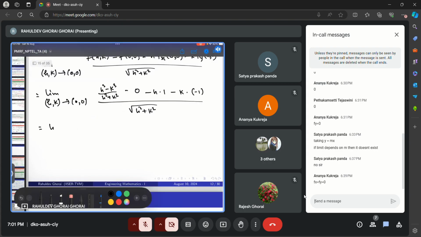That will give you the limit as h k tends to 0 0 of h cube minus k cube, minus h minus k times h square plus k square, over h square plus k square times square root of h square plus k square. I made it a little simpler, made your life a little easy.